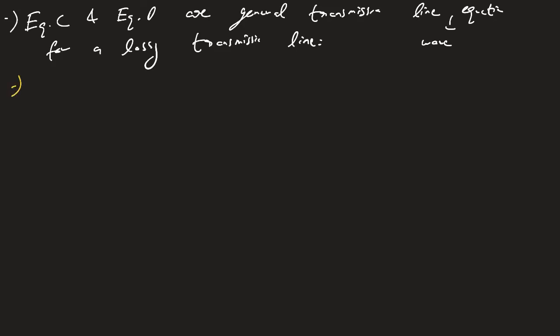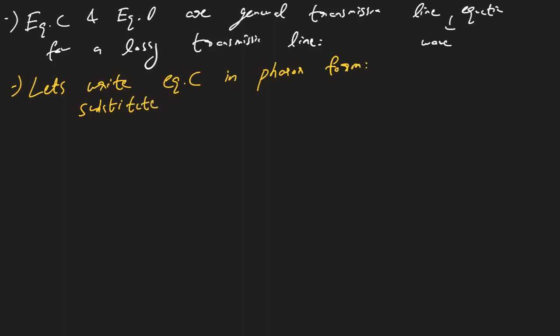Now, let's write equation C in phasor form. To write equation C in phasor form, we substitute V of z,t is equal to V phasor times e to the i omega t, right?